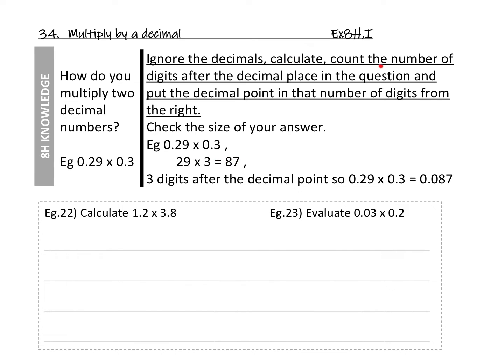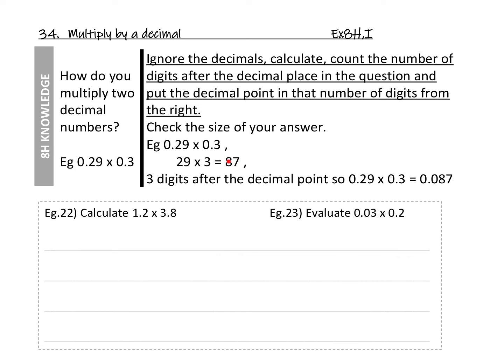You then count the number of digits after the decimal place in the question. So if we look at the question, there is 1, 2, 3 digits. There are 3 digits after the decimal point. And put the decimal point in that number of digits from the right in our answer.